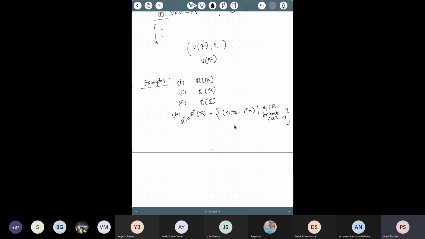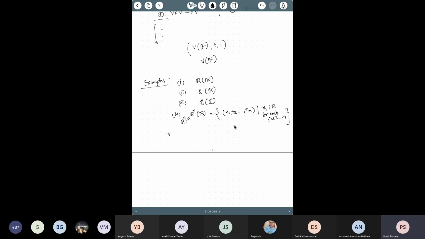If I ask you to check whether this is a vector space or not, so far we have not learned anything else, so we only know the definition. You will just go through all the properties. First you will check whether the two operations are well defined. Once you are convinced that they are well defined, then you check the properties satisfied by the addition and scalar multiplication.